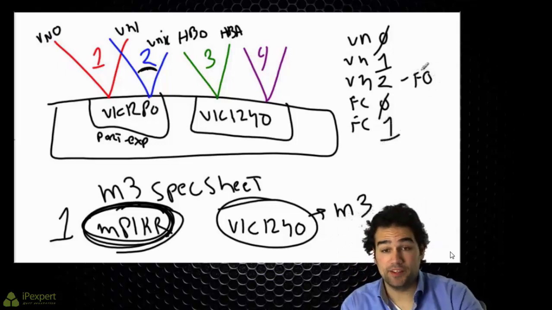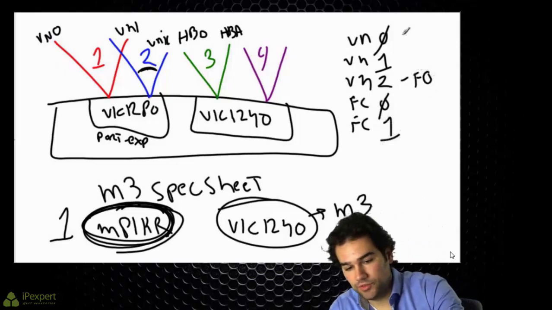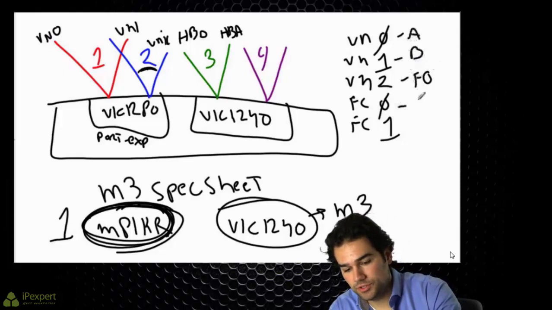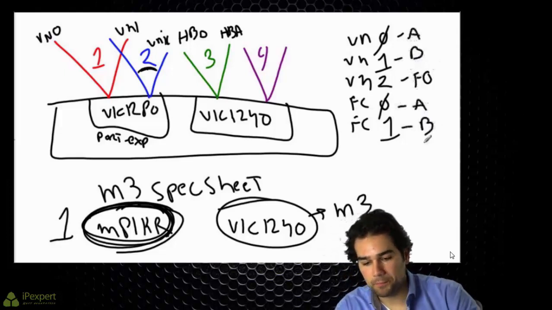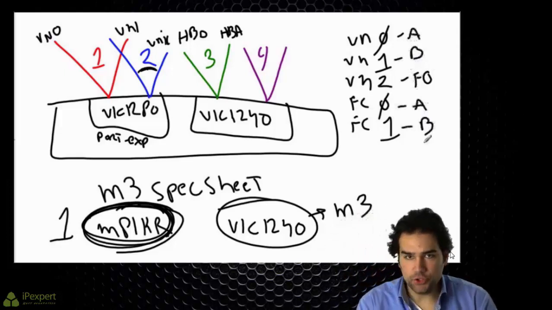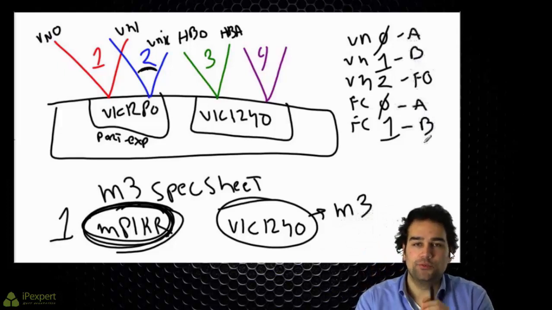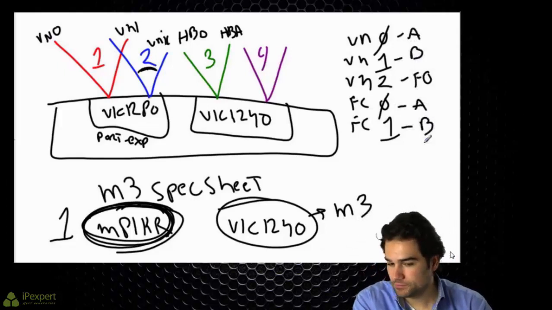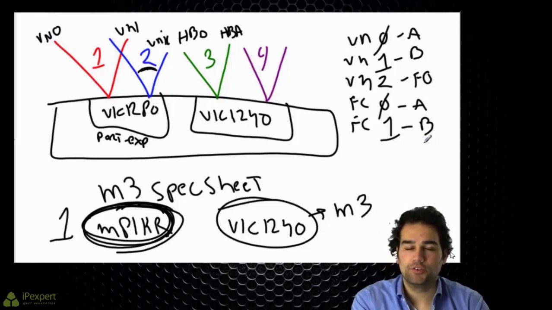That's exactly how I configured it, right? So VNIC 0 is using Fabric A, this one is using Fabric B, the failover is using both, this one is using A, this one is using B. Make sure that in a VIC-1240 and VIC-1280 server that we're going to insert in the future, it's not going to oversubscribe any of the internal connections.